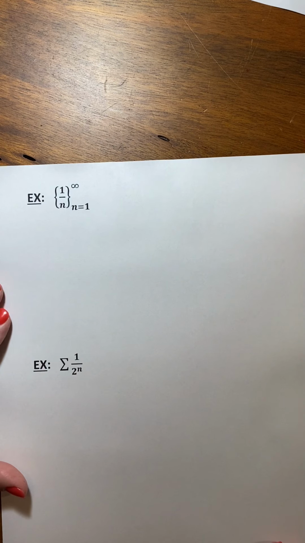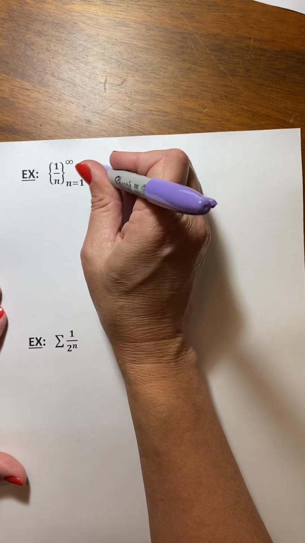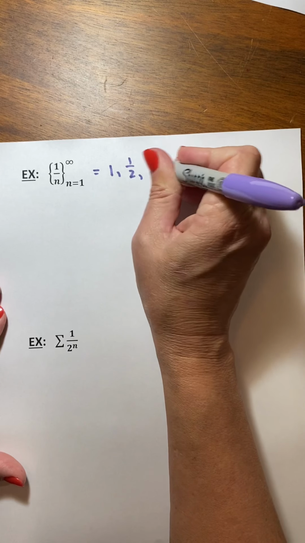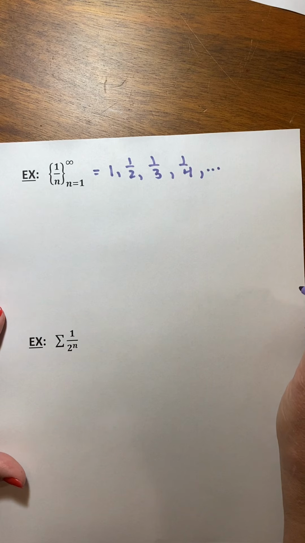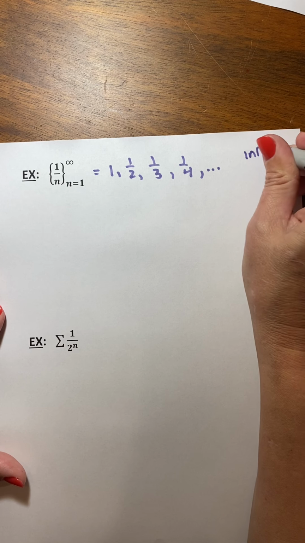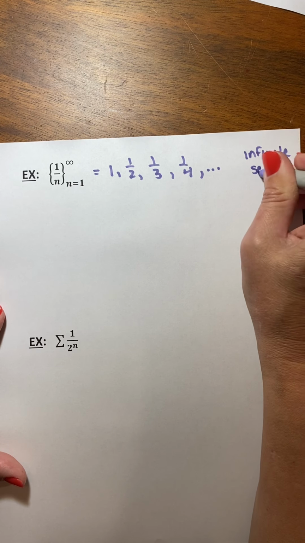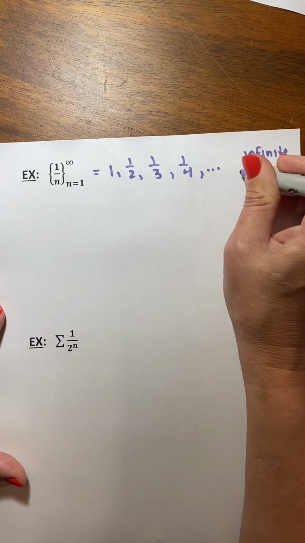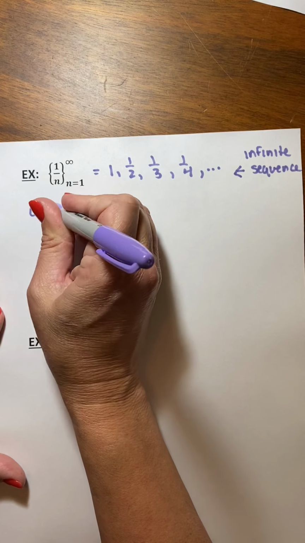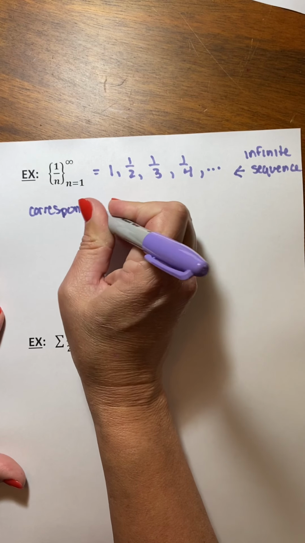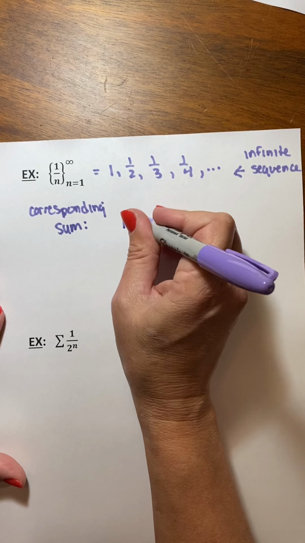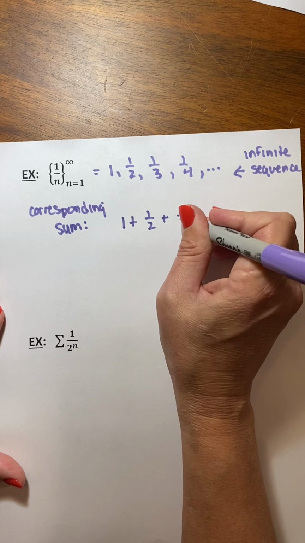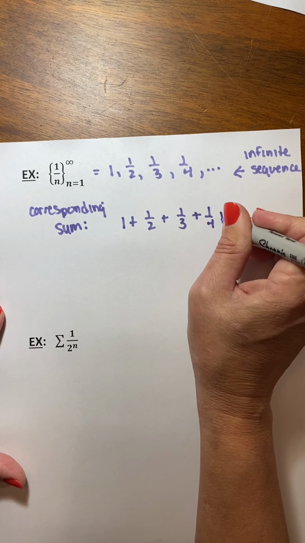So if I had the infinite sequence 1, 1/2, 1/3, 1/4, forever, that's my infinite sequence, and the corresponding sum would be 1 plus 1/2 plus 1/3 plus 1/4 forever.